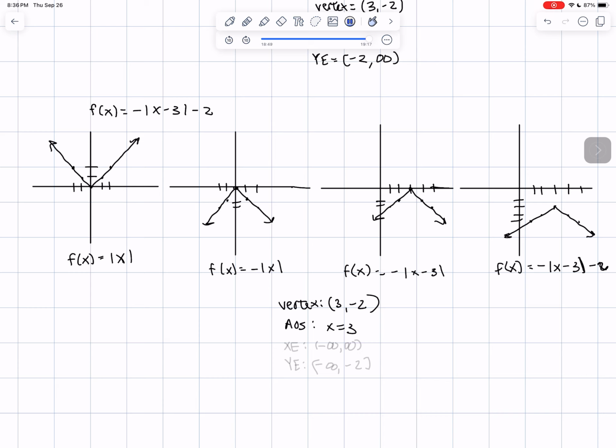And then domain. And then range. Well, range is going to be a little different again. So we're going to do from negative infinity to -2. And that's how you do these problems. So this is how you would graph an absolute value graph.